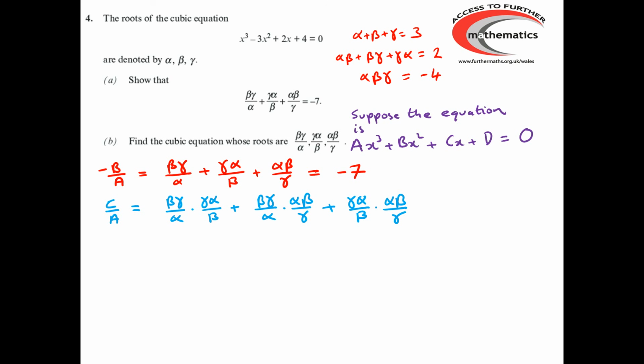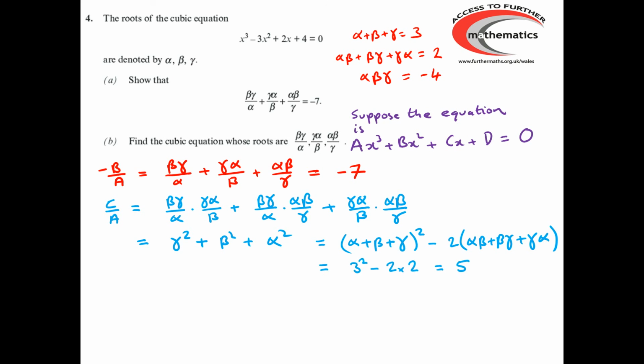And when we look at that, it very rapidly simplifies down to gamma squared plus beta squared plus alpha squared. Going back, we're going to use one of our key facts again. That's the same thing as (alpha plus beta plus gamma) all squared, take away 2(alpha beta plus beta gamma plus gamma alpha). So that is going to be 3 squared, take away 2 lots of 2. So that gives me 5.